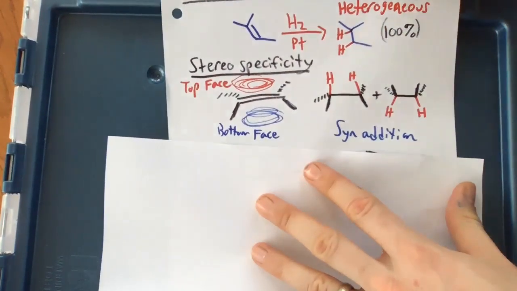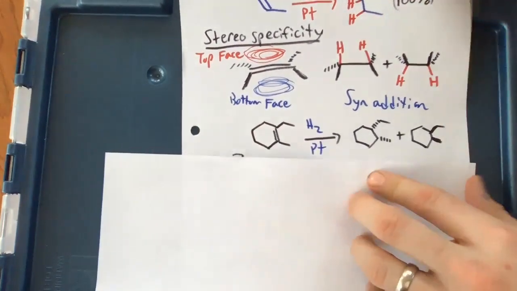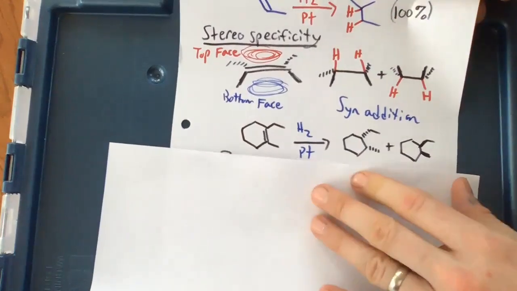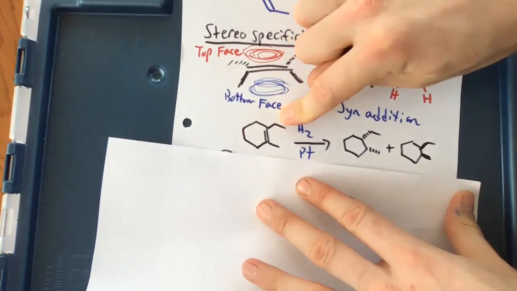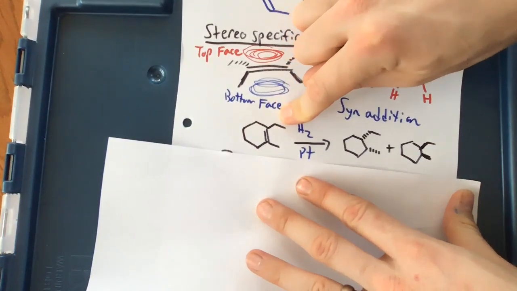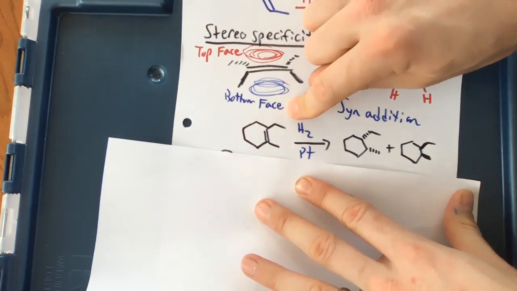Before we get into the reason why, let's show something else interesting. This cyclohexene can have 4 different enantiomers: one set of enantiomers that results from syn addition, and one set that results from anti-addition.